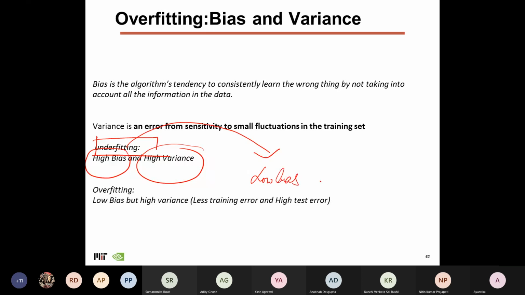And while doing this, once bias is low, at some stage you see that for your test data also, the percentage of test error is low. That means from high variance you are coming to low variance too.